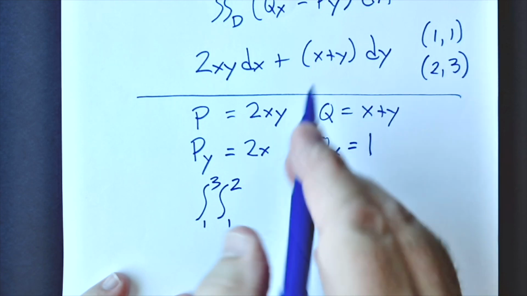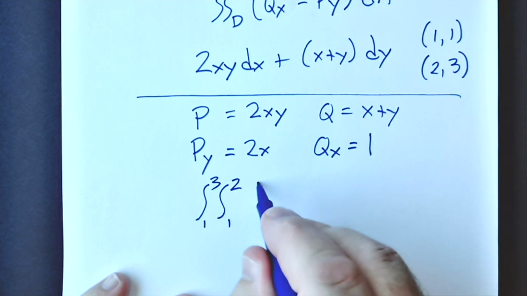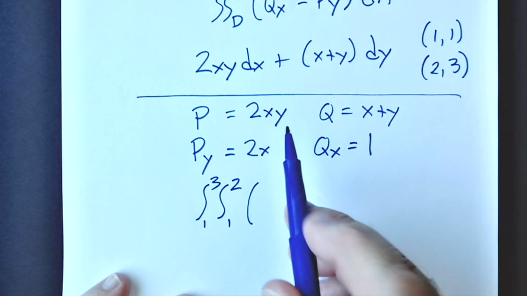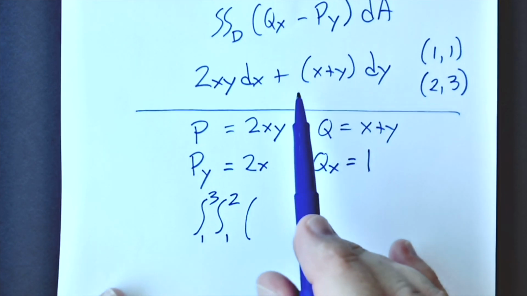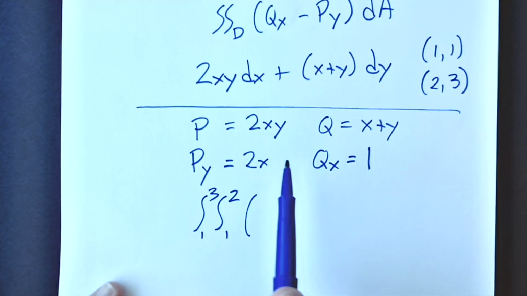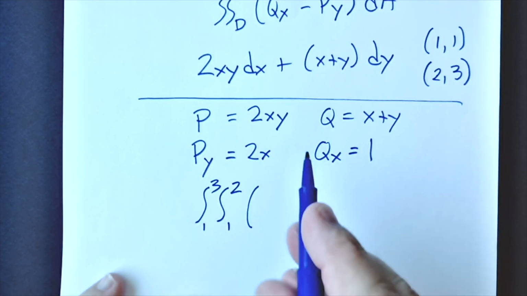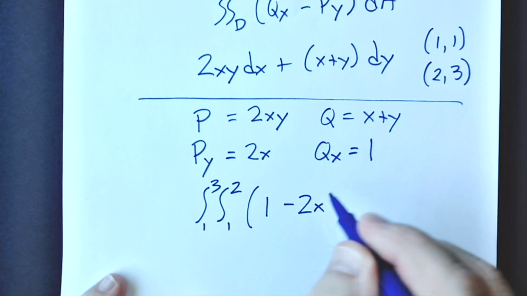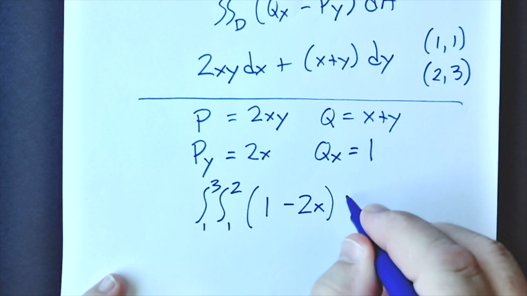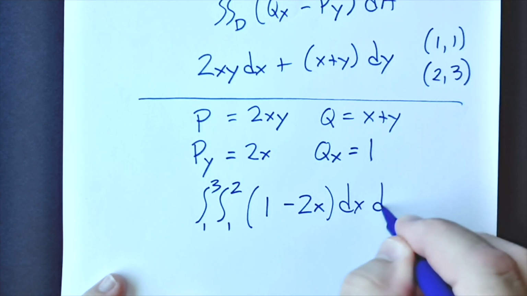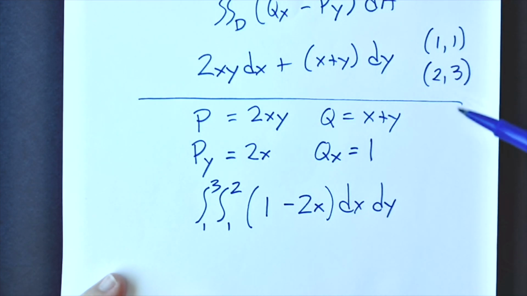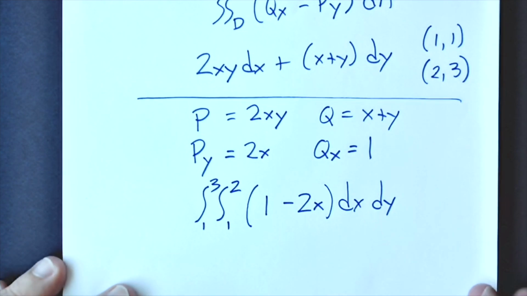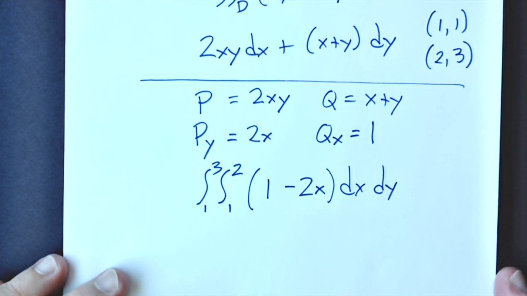And my function is going to be Qx minus Py. Here's the Qx minus Py. And then we'll do dx dy because we put these x bounds in first. So here's what we're looking at.